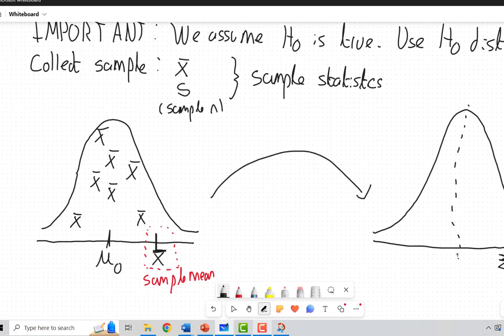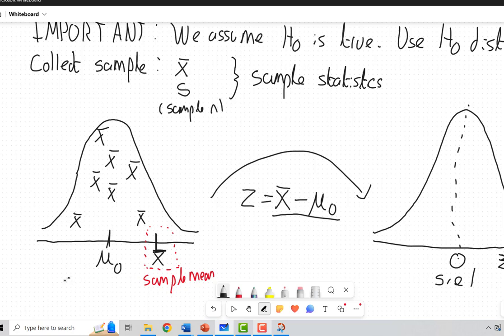Now in a z distribution, of course, we're centered at 0. And we have a standard error of 1. So we're going to do z equals, we want the center to be 0, but previously it was mu 0. So we do X bar minus mu 0. And then we divide by the standard error.